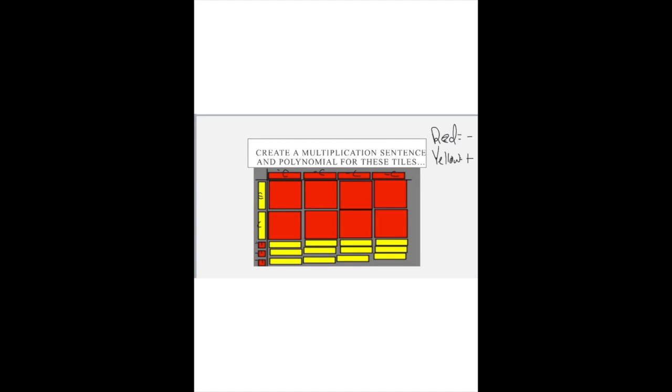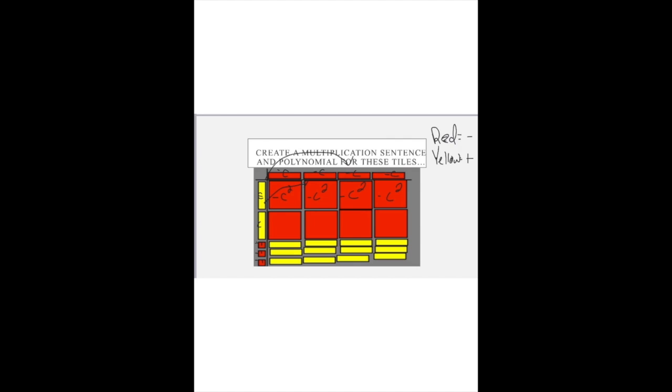So we have c times negative c, which gives a c squared. This c times this c will give us a negative c squared, because we're multiplying a positive and a negative. So we have negative c squared again.